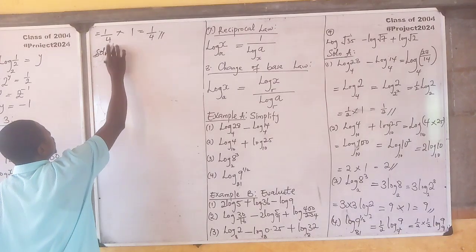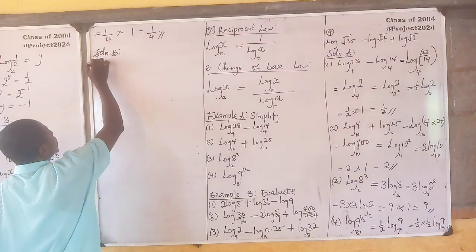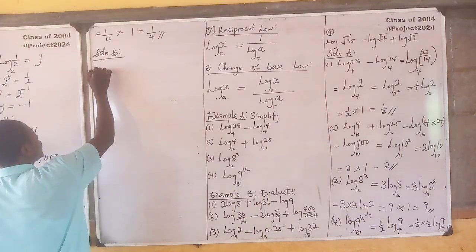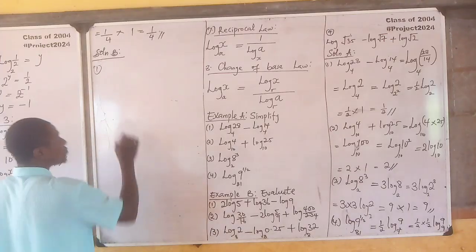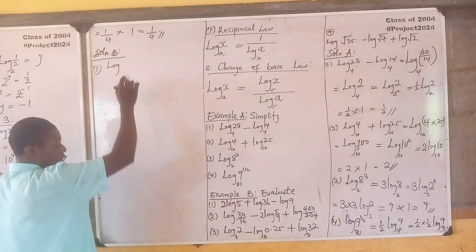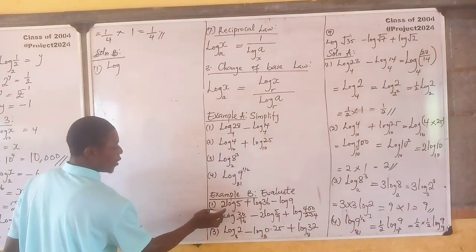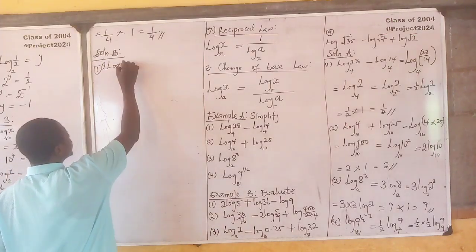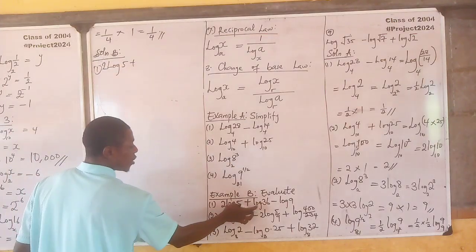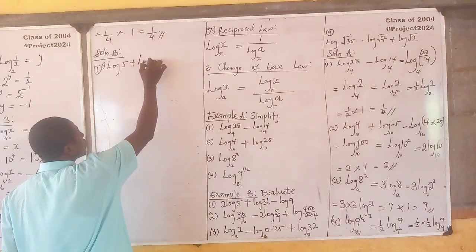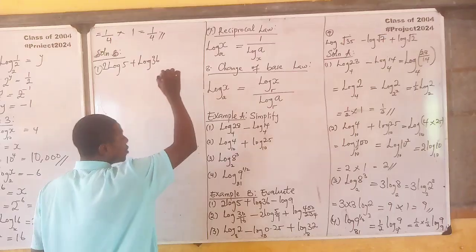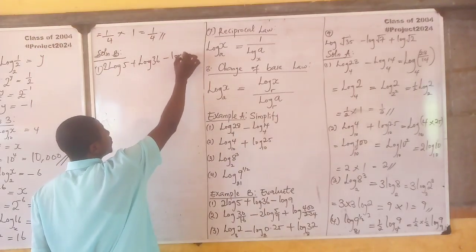Solution to example B. Alright, the first question we have there is log of 2 log of 5 plus log of 36 minus log of 9.